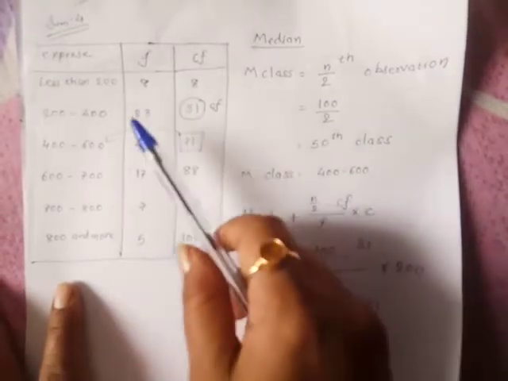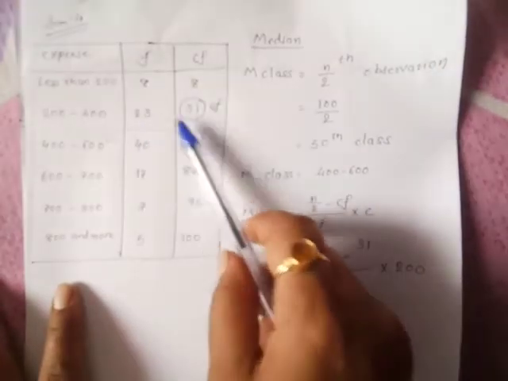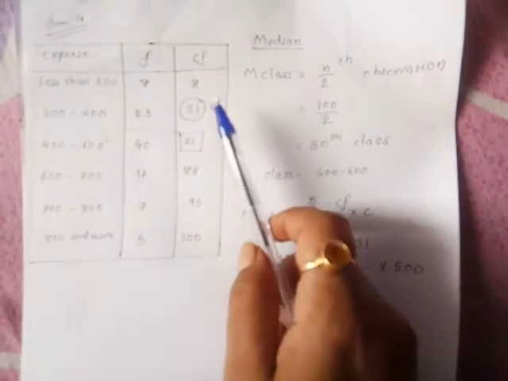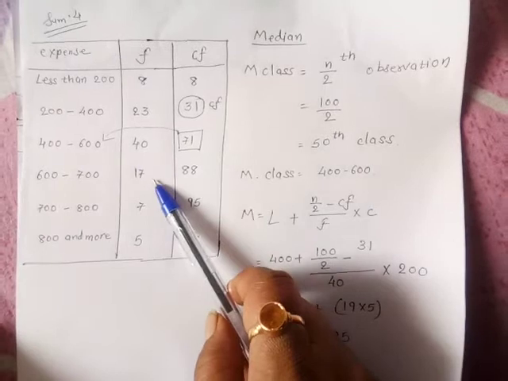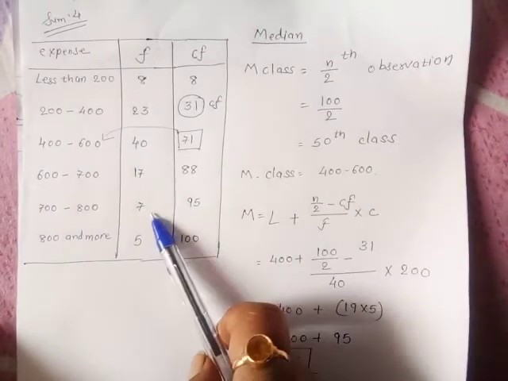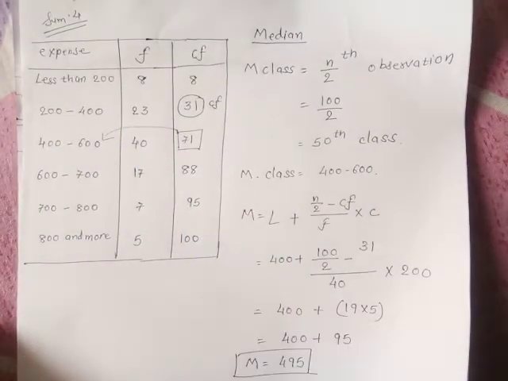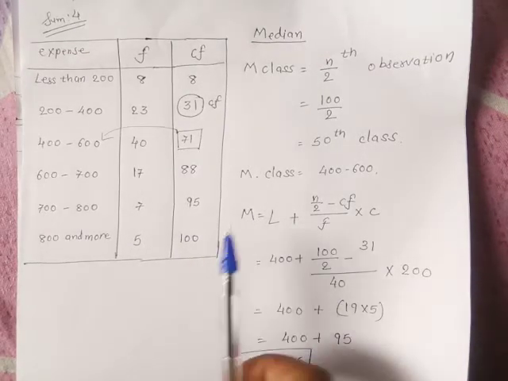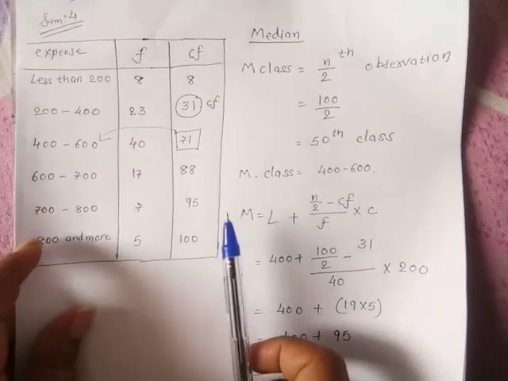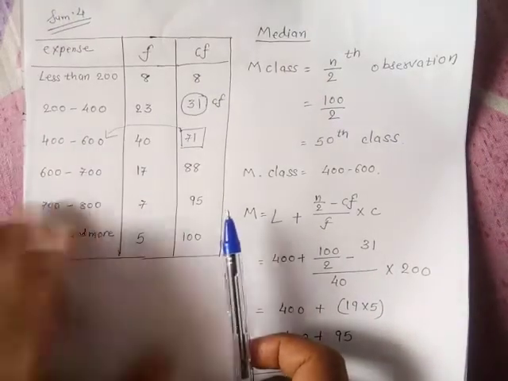Now see here, for a continuous series, first of all we find the median class, right? So first of all, median class is the n by 2th observation, and that is 100 upon 2, which is 50. Here frequency is given, CF is also given, but the exact 50 value is not given.